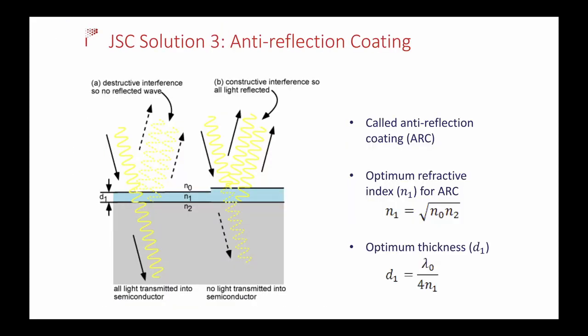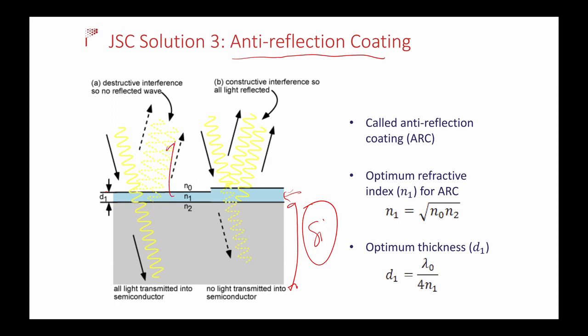So how can we do that? There are several things. One is the anti-reflection coating. If we do an anti-reflection coating over the surface of the silicon, with a material of appropriate refractive index, it won't let the light be reflected back to the outer world.